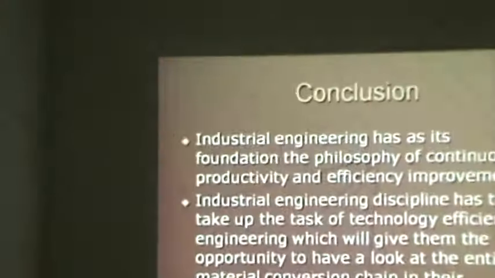The idea is, suppose my factory cost is 500 and the rest of the suppliers' cost is 1000. I reduce my 500 to 350, right? I should try to make this 1000 also into 750 and see that the total supply chain cost is 1100. Earlier it was 500 plus 1000, 1500 should become 1100. So that is the sort of supply chain wide cost reduction which industrial engineers should try to do, beyond the organization.